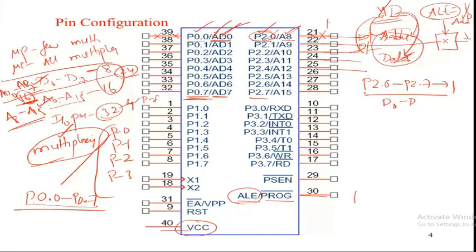So what is the status you have to send to this port 2? We have to transfer: MOV port 2 comma, what is the data you have to transfer? All the ones, in the sense 2.0 to 2.7, all ones are there. So 8 ones, what is the equivalent for this?